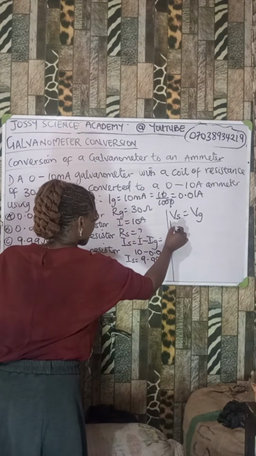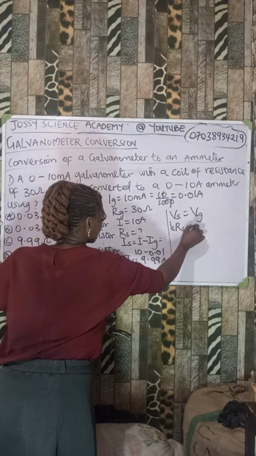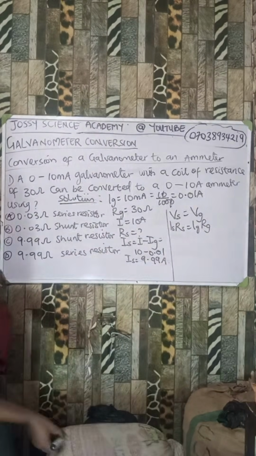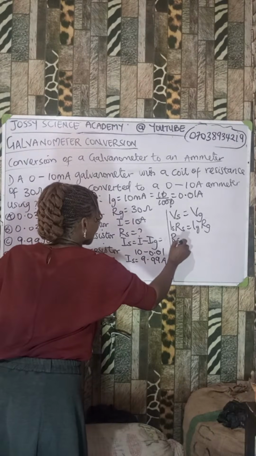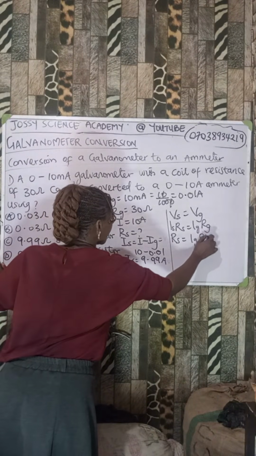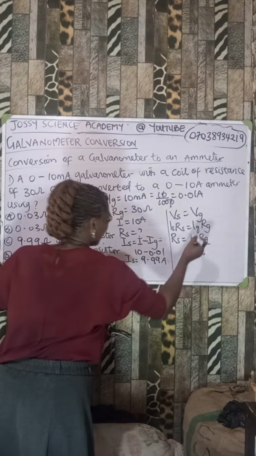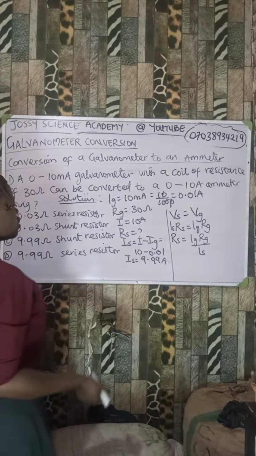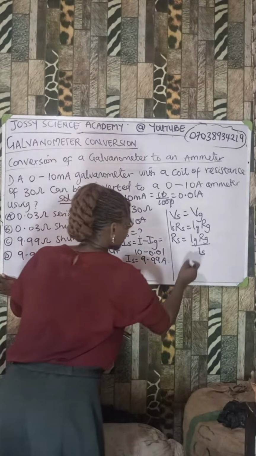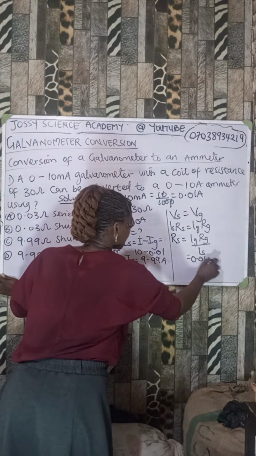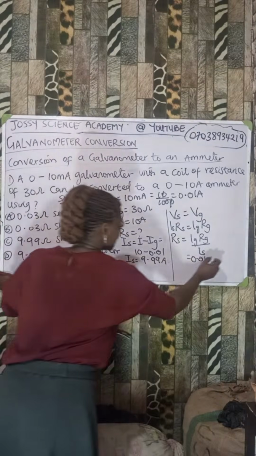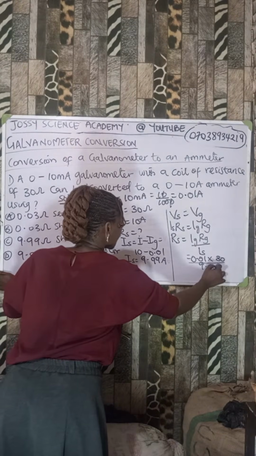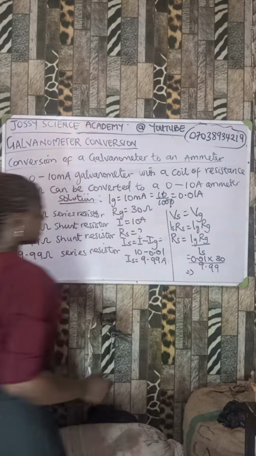So this is IS RS is equal to IG RG. So RS is equal to IG RG over IS. Let's put in our values. My IG is 0.01, so this is 0.01 times the resistance, 30, divided by 9.99.